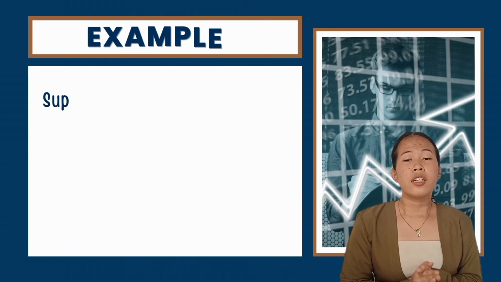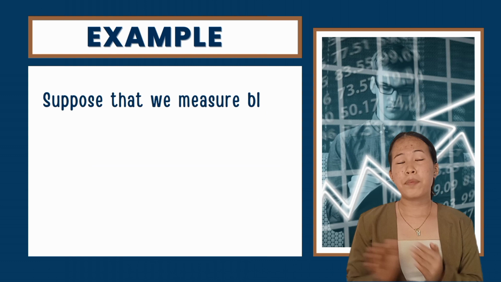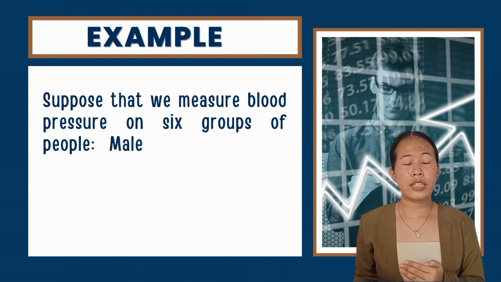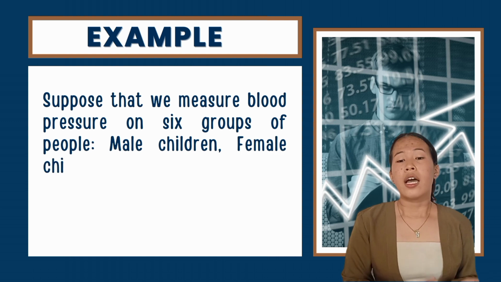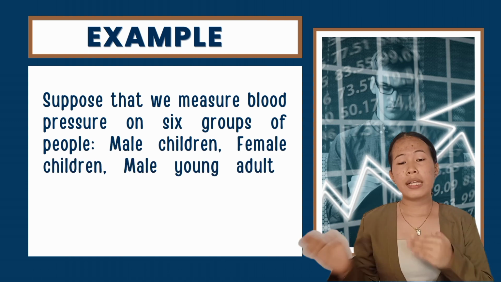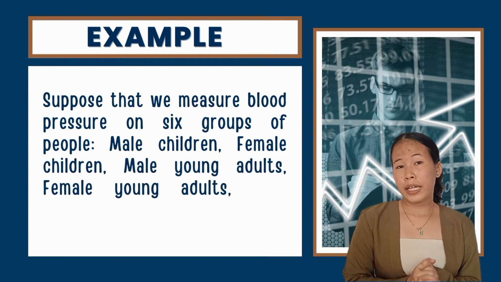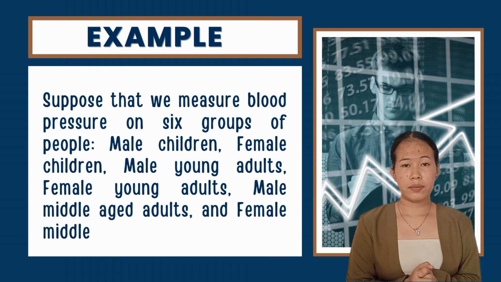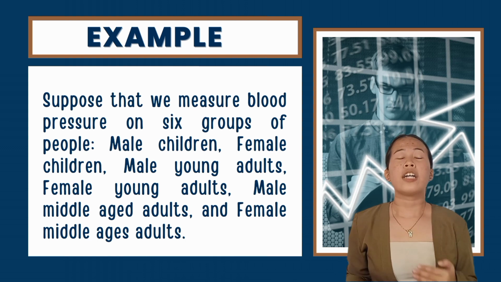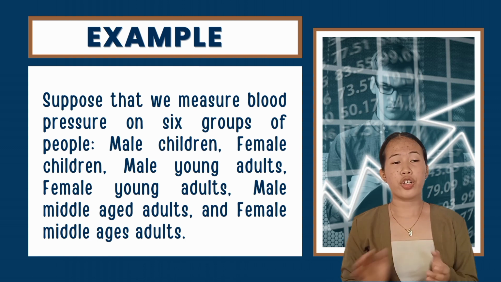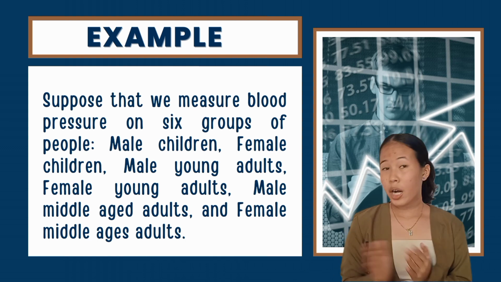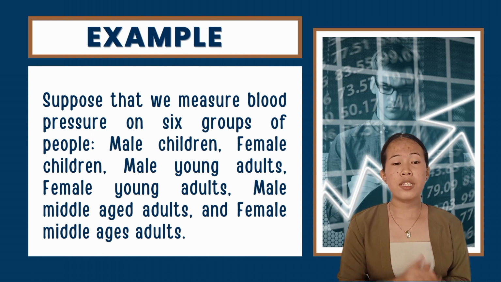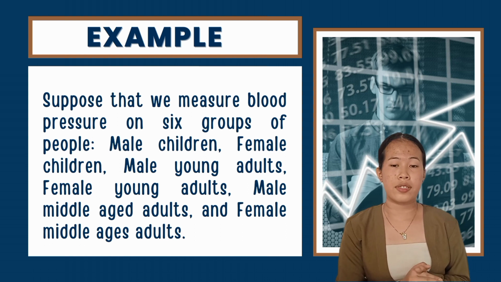As an example, suppose that we measure blood pressure in 6 groups of people, which are male children, female children, male young adults, female young adults, male middle-aged adults, and female middle-aged adults. The factors of gender and age are not randomly applied, but we can talk about the 6 groups having factorial treatment structure in these 2 factors.